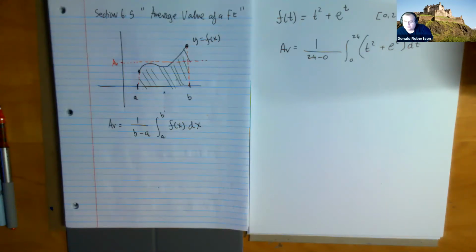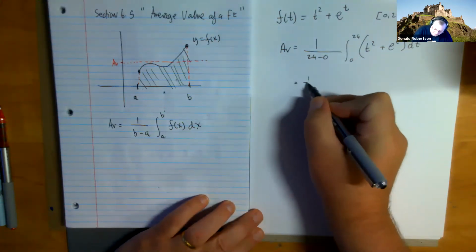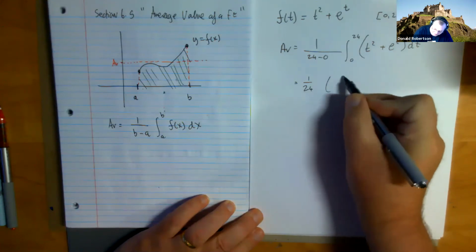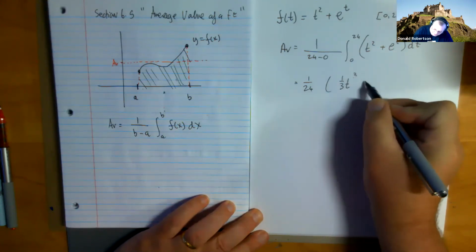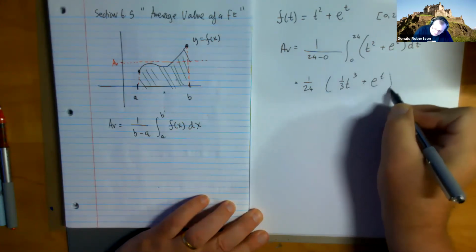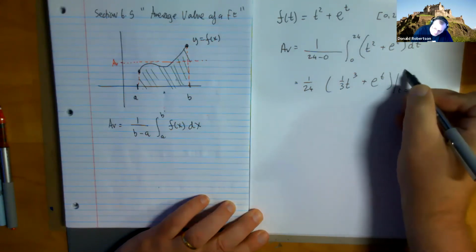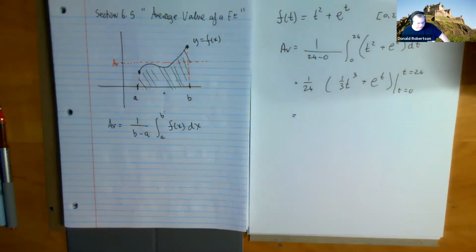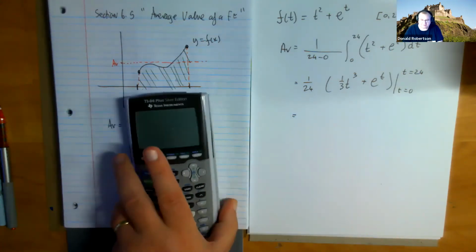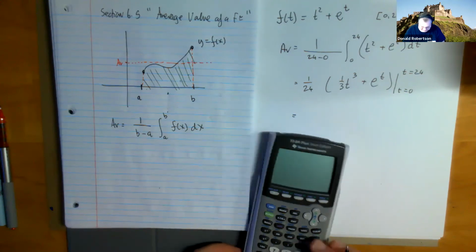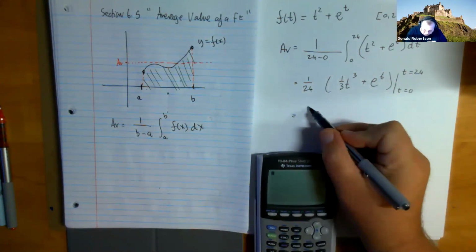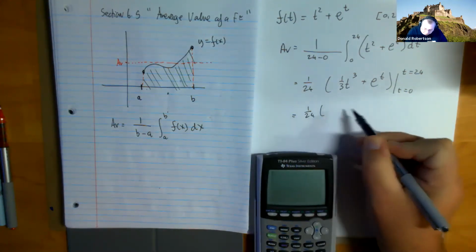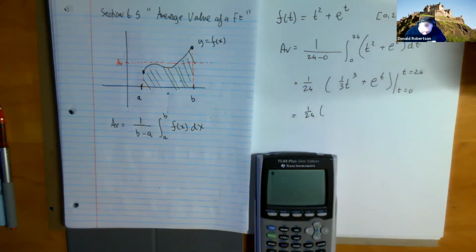Would you agree that the formula is pretty simple? It's really just an integral with a little fraction stuck at the front. In this case, the fraction is 1/24. This fella is a little bit messy, 1 over 24 times t cubed over 3 plus e to the t, evaluated at 0 and at 24, which is why I got my handy calculator handy, because we're going to do a ridiculously big number in a minute. 1/3 times 24 cubed.